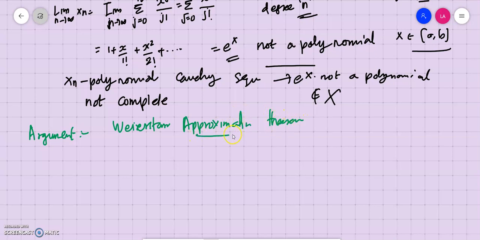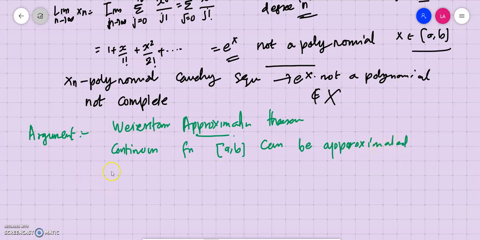That theorem says that every continuous function on some closed interval [a, b] can be approximated using polynomials.